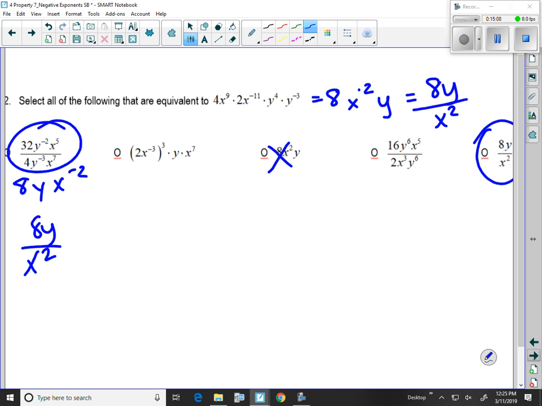Okay, the next one, I want you to go ahead and simplify these two. We'll just use it as practice. Simplify the other two and see if they're 8y over x squared. They're both not right.